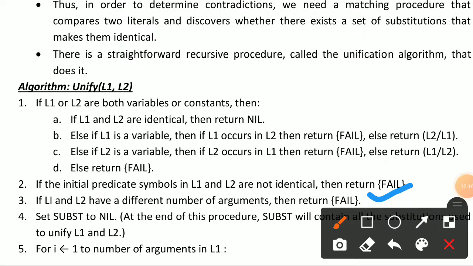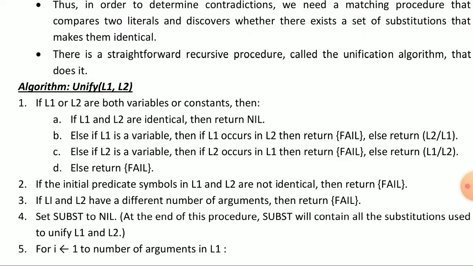Now in the fourth step, set substitution to nil. This is the short form of substitution. At the end of this procedure, substitution will contain all the substitutions used to unify L1 and L2.